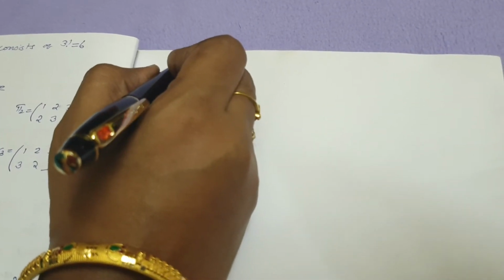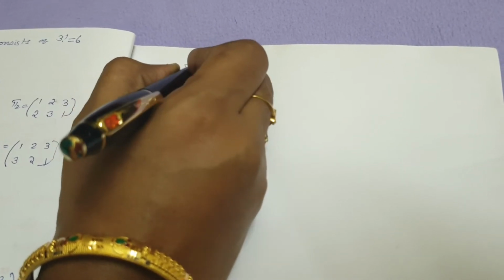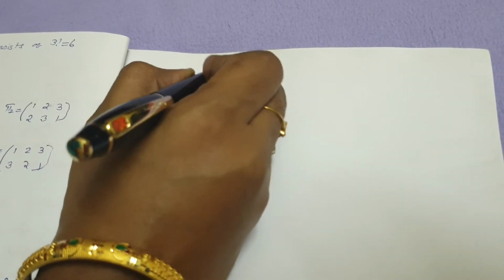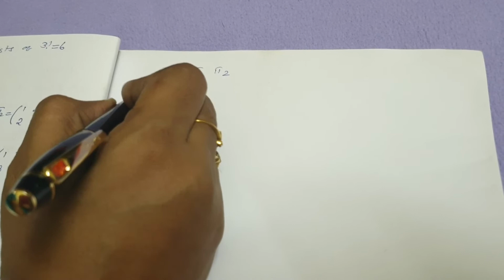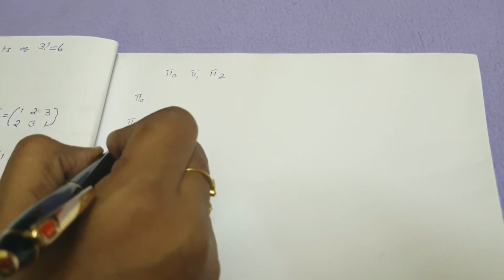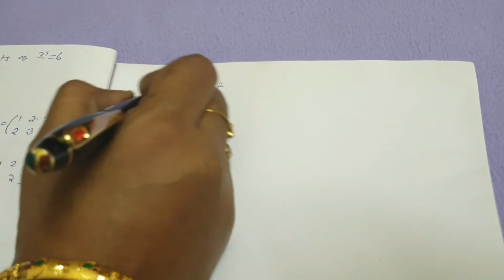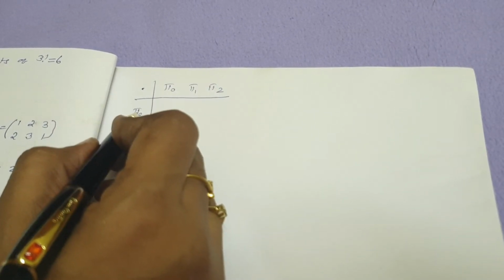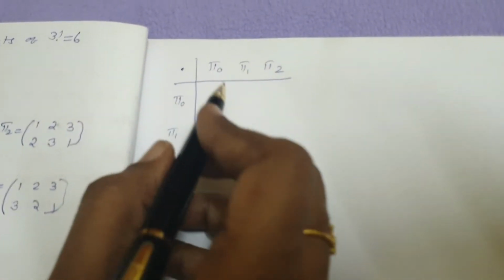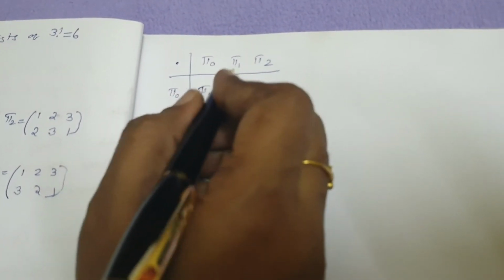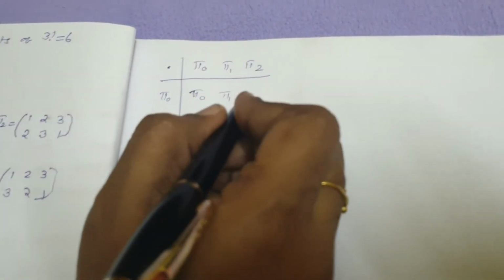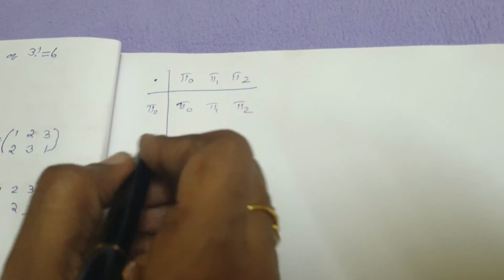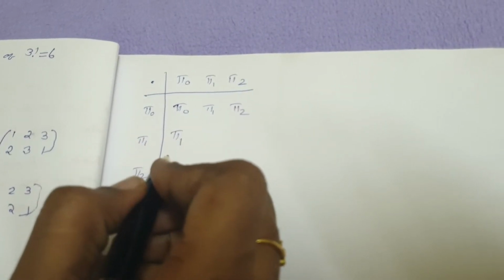Now I consider the set pi naught, pi 1, pi 2 with respect to the dot operator. Here pi naught is your identity element. So pi naught into pi naught equals pi naught. Pi naught into pi 1 is pi 1.